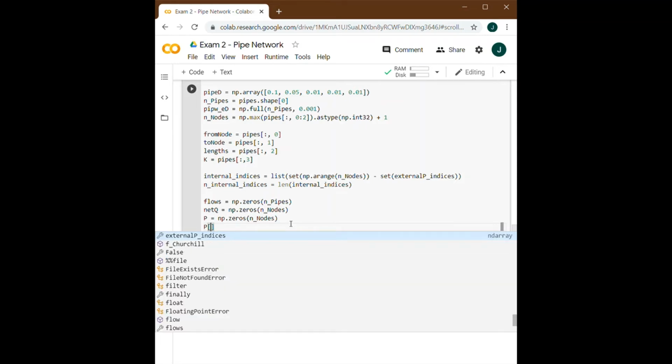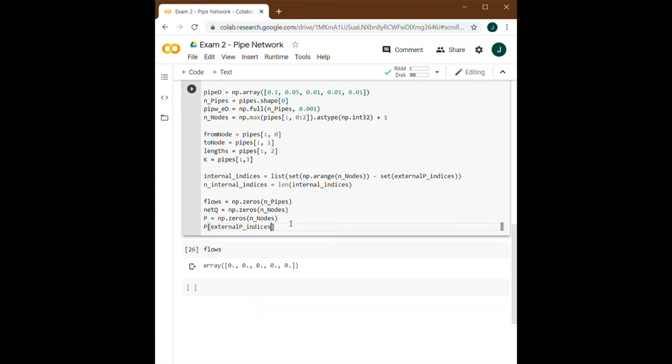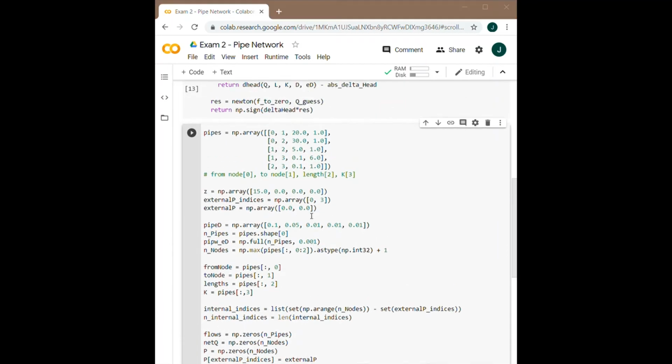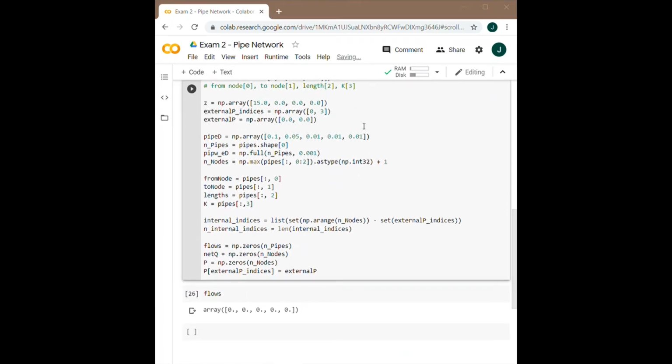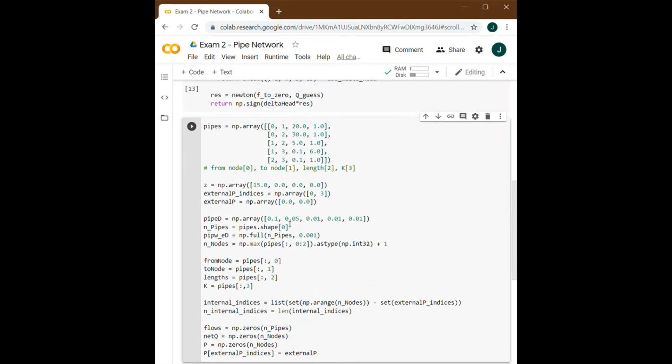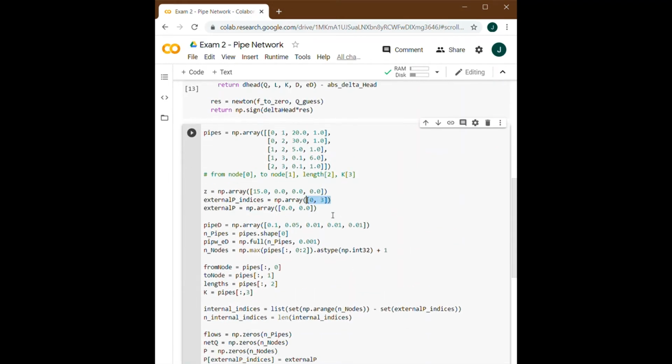And now what we're going to do is add in our external pressures. As I said before, node 0 has a pressure of 0, node 3 has a pressure of 0, which I defined up here.